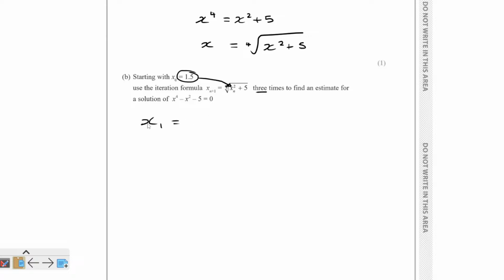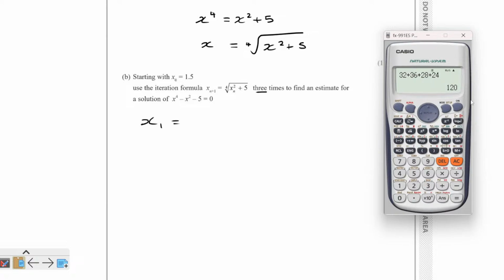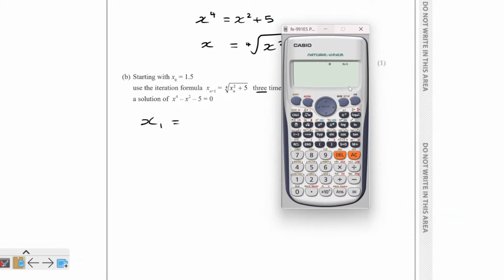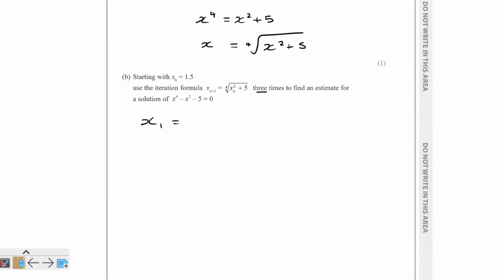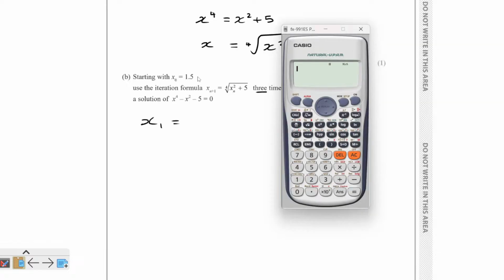So there's quite a nice way to do it on the calculator, actually. I'll show you. So calculator. First of all, before you even type in the equation, type in the starting number. So 1.5, press equals. Now, see how that's now your answer.